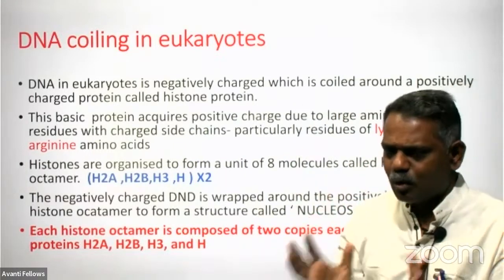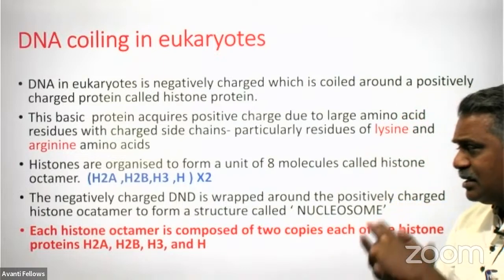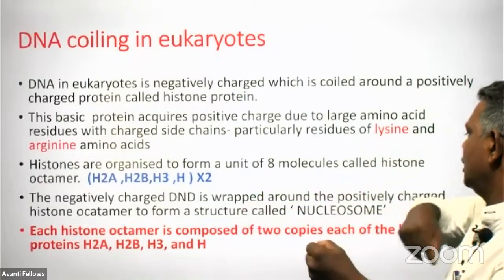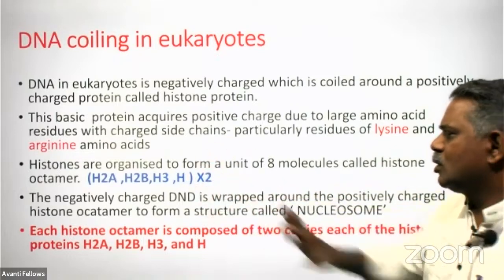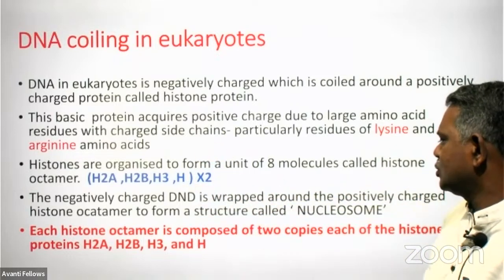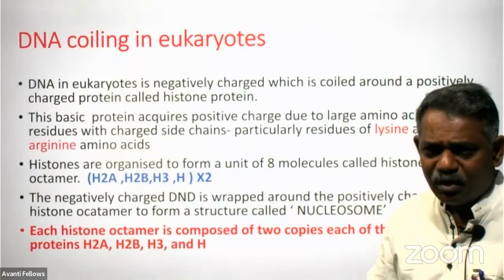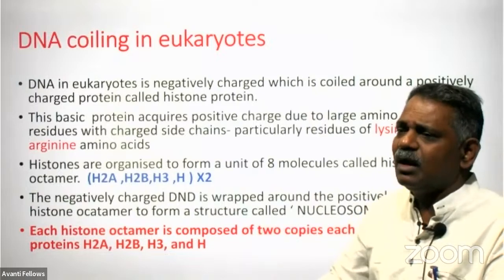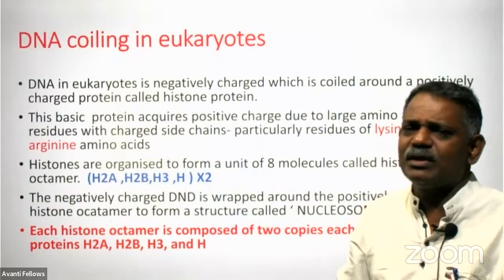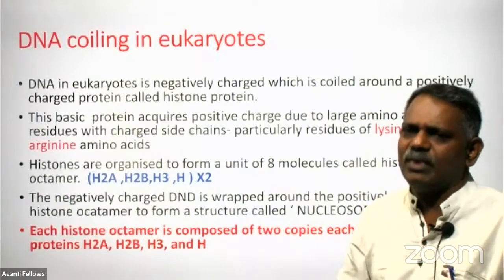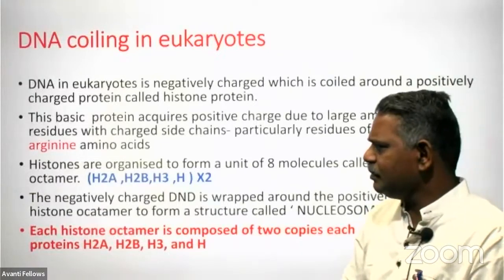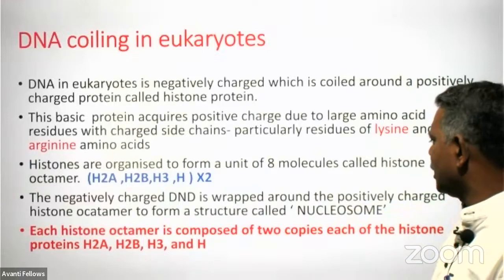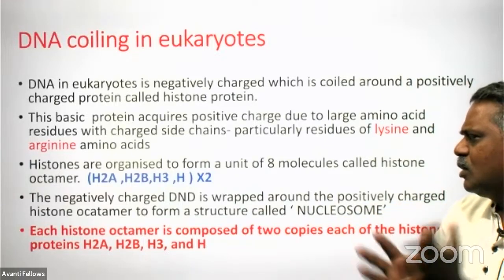Collectively we call it the histone octamer. And this negatively charged DNA is wrapped around this positively charged histone octamer to form a structure called the nucleosome. Now we are discussing how this DNA goes for coiling in the eukaryotic cell. This is very essential to keep it in a small space in the nucleus. Negatively charged DNA goes for coiling around the positively charged histone octamer.